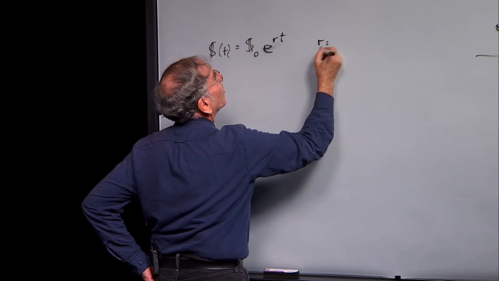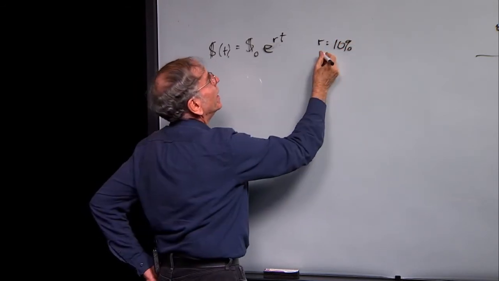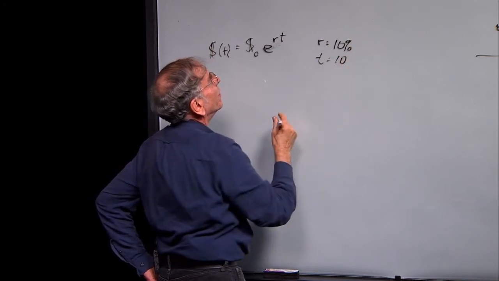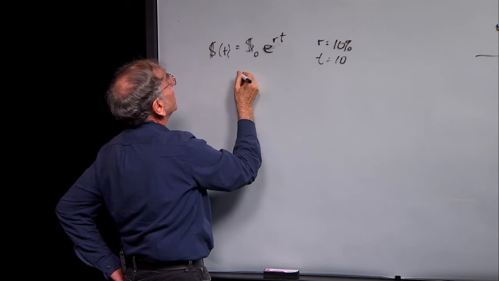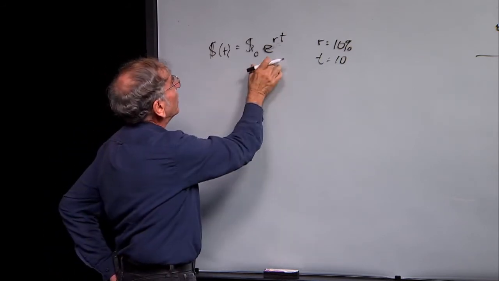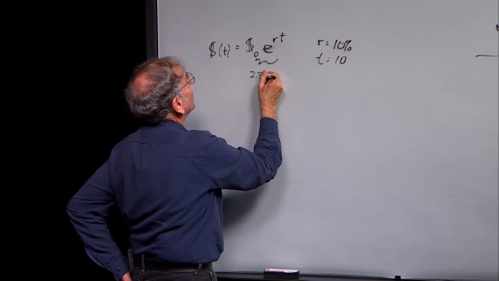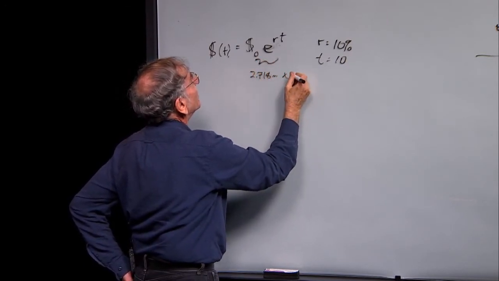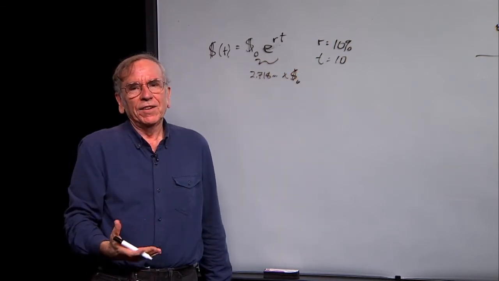So for example, r might be an interest rate of 10% per year, and t might be 10 years, and so rt is equal to 1. And so that then says that at a time t being 10 years, the amount of money that you have is going to be 2.718 times your original amount of money. That is, your money doesn't double in 10 years.